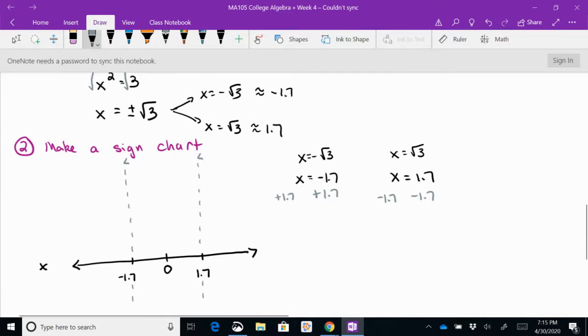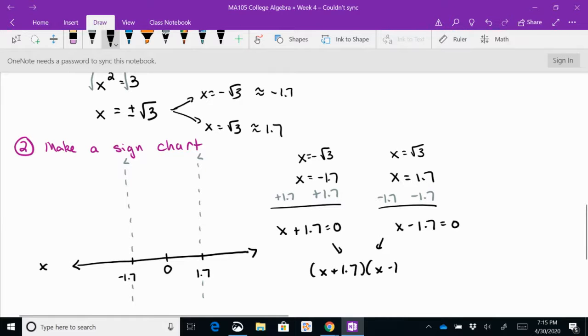So for one of the equations, I'm adding 1.7. The other one, I'm subtracting 1.7. This gives me x plus 1.7 equals 0, and then x minus 1.7 equals 0. These approximate a factored form, but it's not perfect because we rounded.